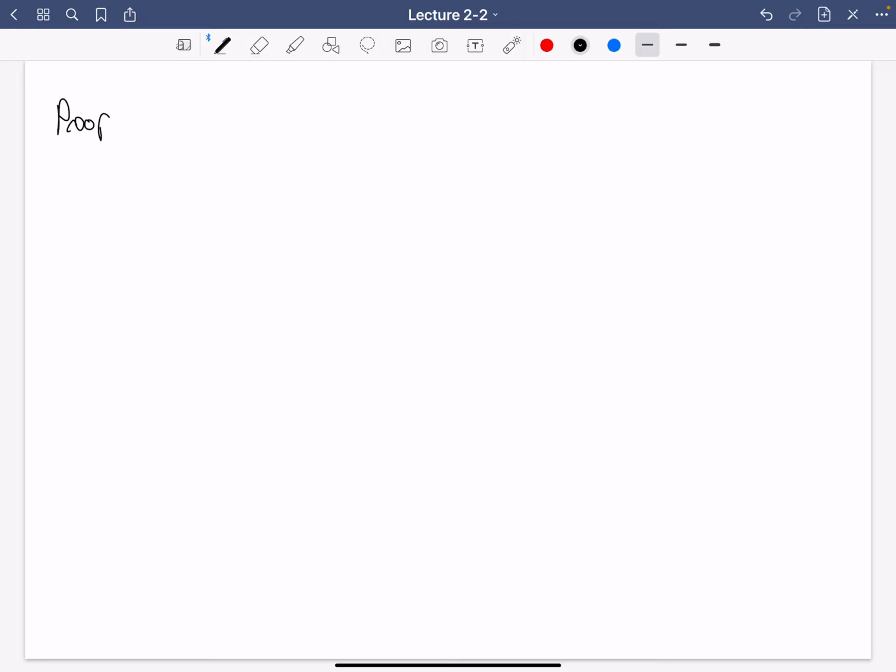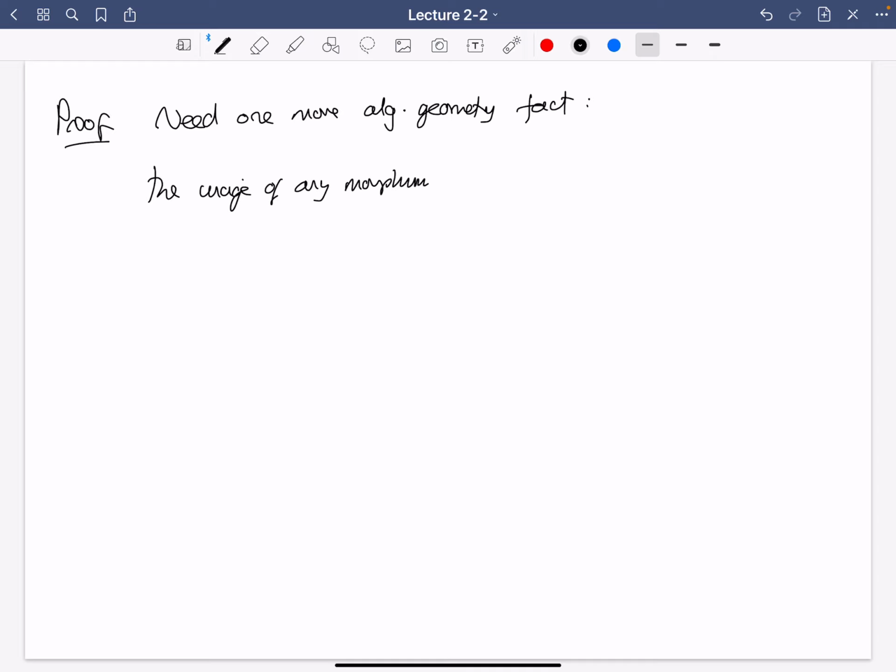So the proof needs one more fact from algebraic geometry, which again I'm not going to prove. This is just a little bit more commutative algebra than is relevant for what we're trying to do. And that's that the image of any morphism of affine varieties contains a non-empty open subset of its closure.